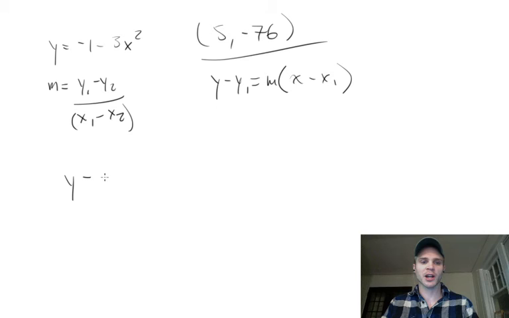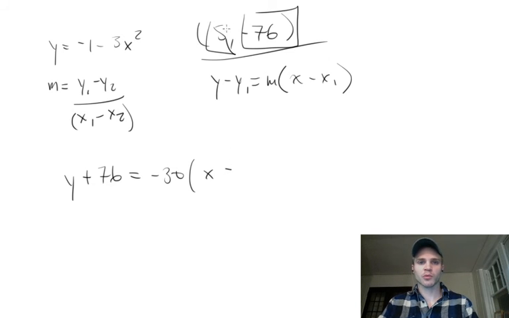So this is y minus y1. That's y1. So minus negative 76 is plus 76. And that's equal to m, which you just calculated is equal to negative 30. And then x minus x1, that's x1, so x minus 5.